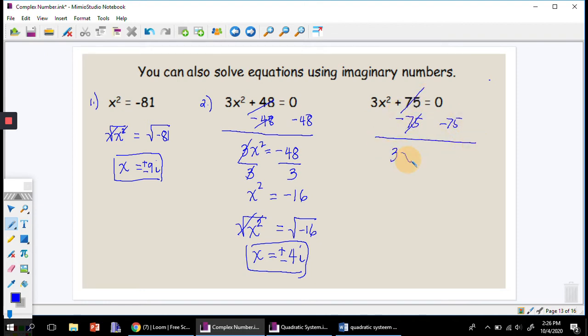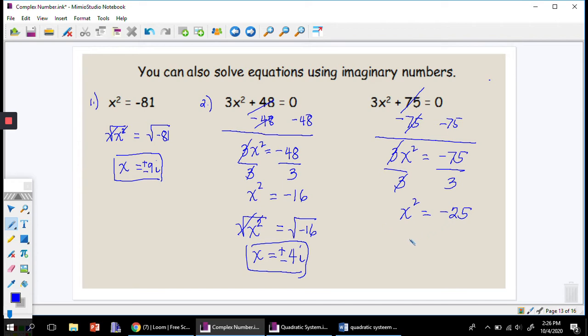So you have 3x squared is equal to negative 75. And then eliminate 3 here. You will divide both sides by 3. So x squared is equal to negative 25. Right? 75 divided by 3 is 25. We have different signs, so that will be negative.